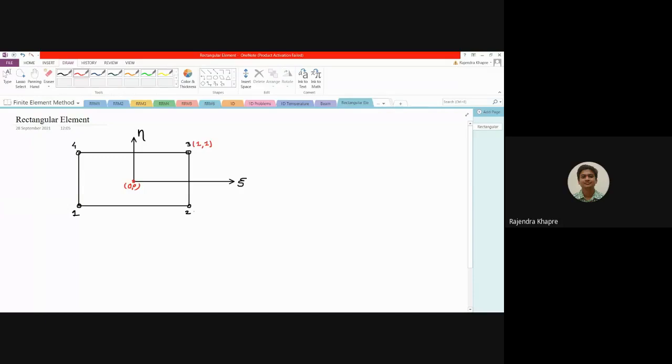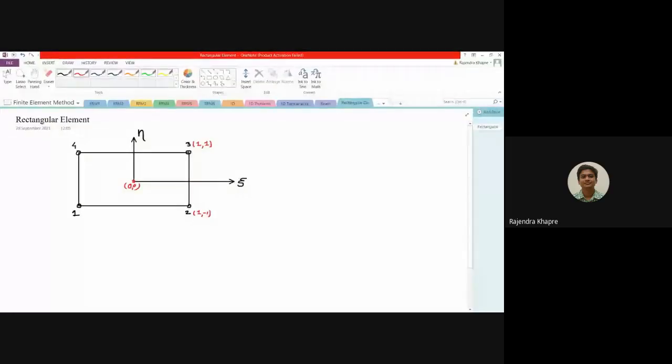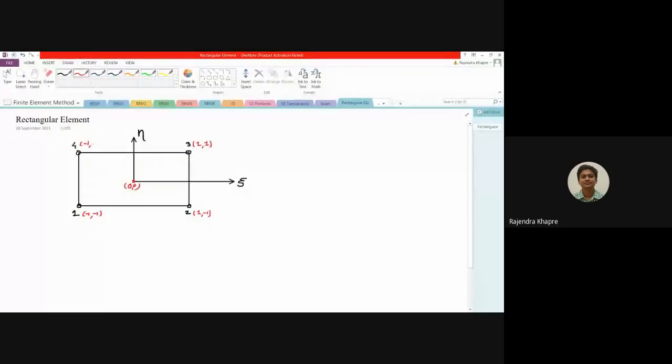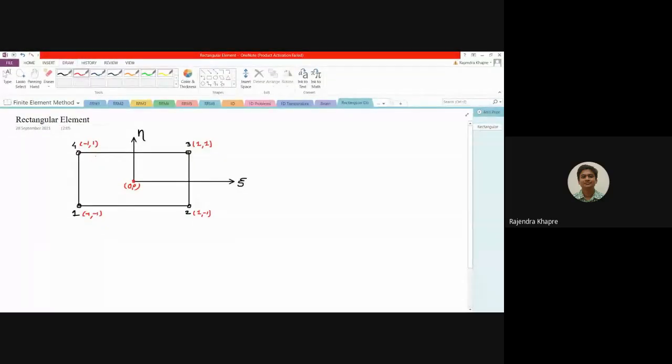So this will also be 1, but the eta value will be -1. This will be -1 and -1, and here the xi value will be -1, but the eta value will be +1. So these are the nodal coordinates which we are assuming in the xi and eta directions.